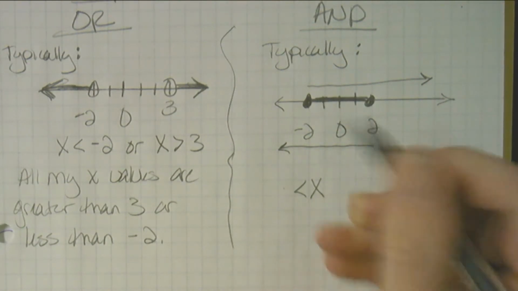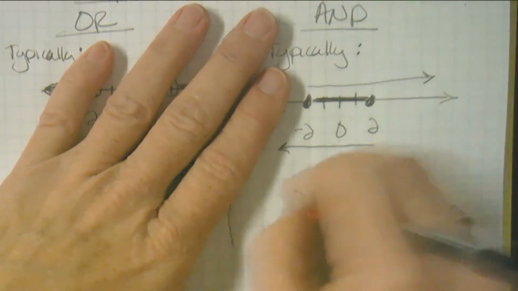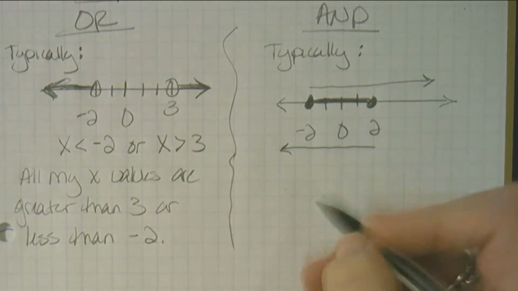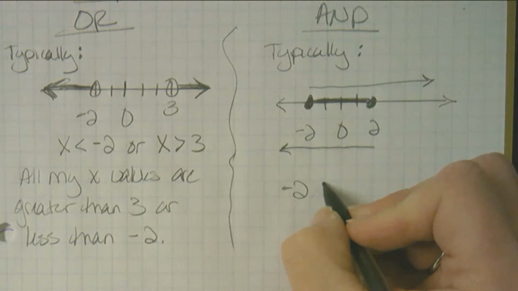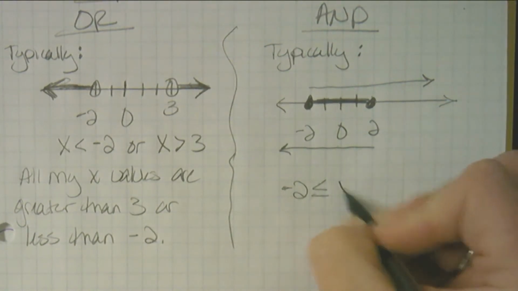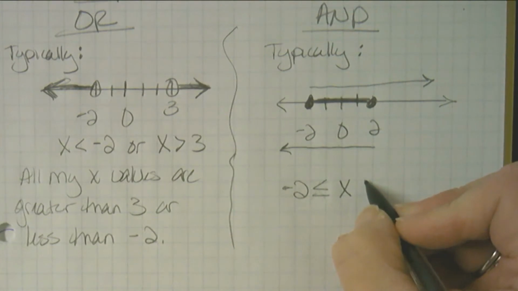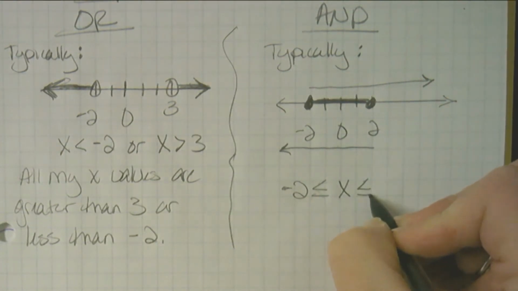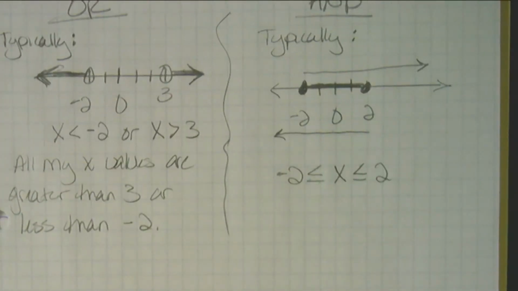This is okay. Let's think about this for a second. Yep, so -2 is less than or equal to x, which is less than or equal to 2. Somebody explain that to me.